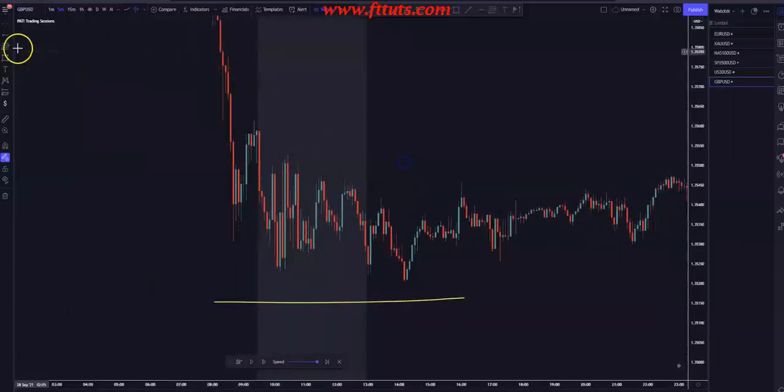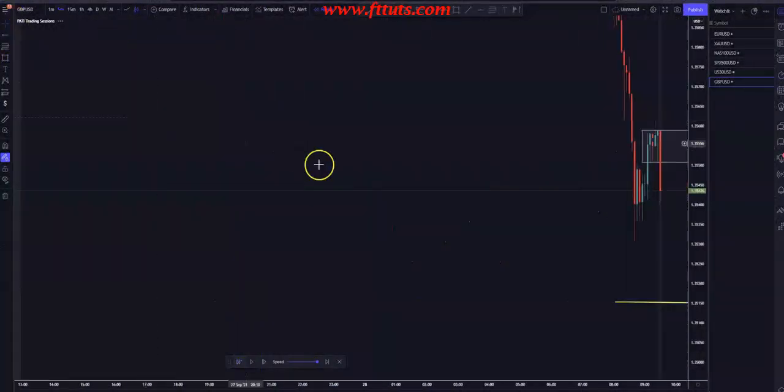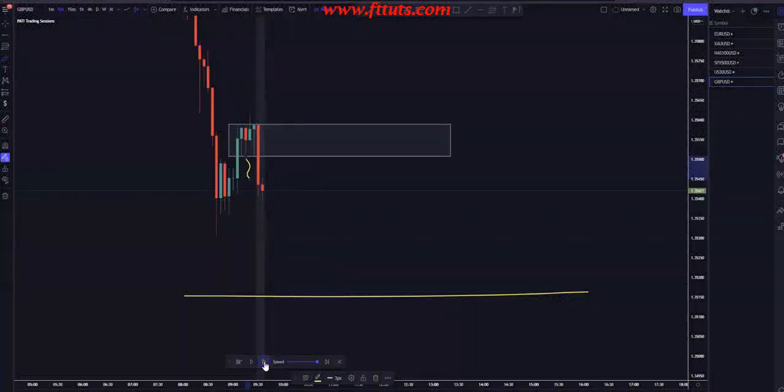Okay, so right here we have a drop. This area dropped. Now if you're having a hard time seeing it, let me do the replay mode. And you see the gap was right here. This right here was the gap. So let's fast forward.